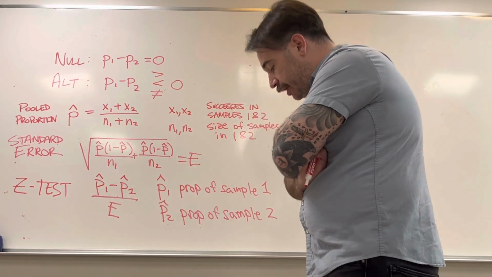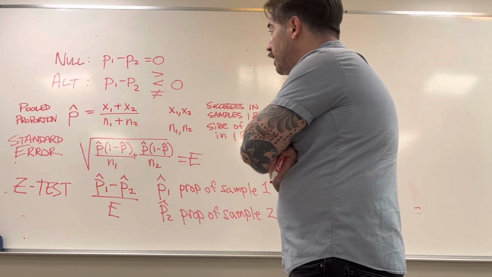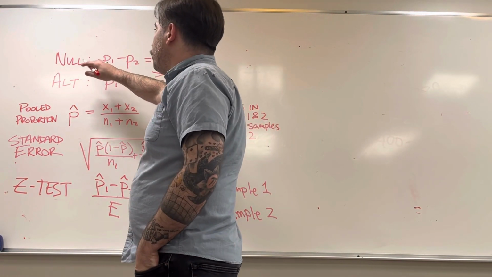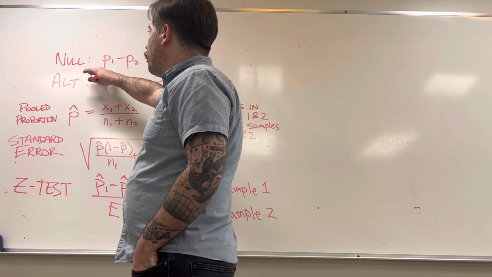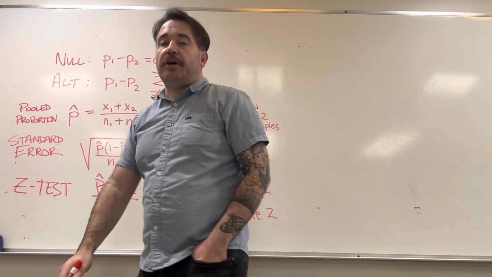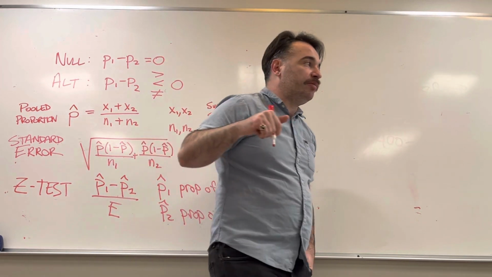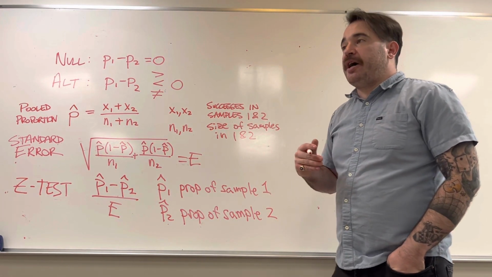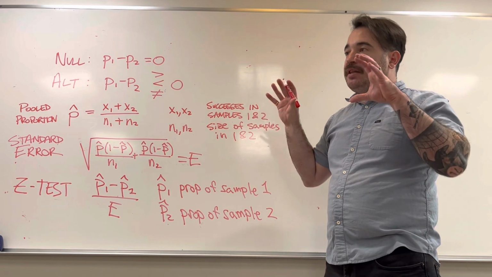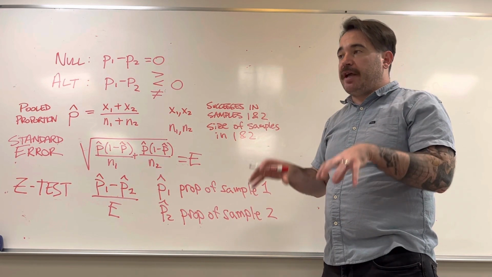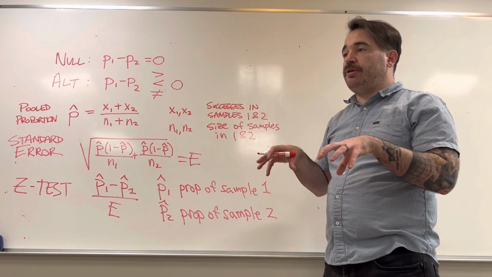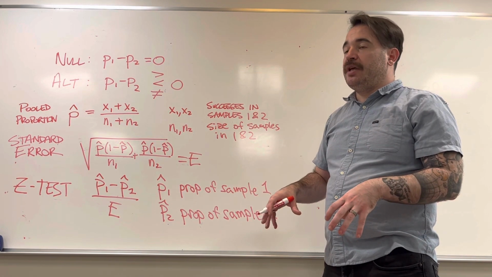So first off, P1 and P2 represent proportions from one sample and another. And our null hypothesis says that we want P1 minus P2 to equal 0. So our null hypothesis is that we've taken these 2 samples, they were randomly selected, everything's good, so their proportions should be the same.